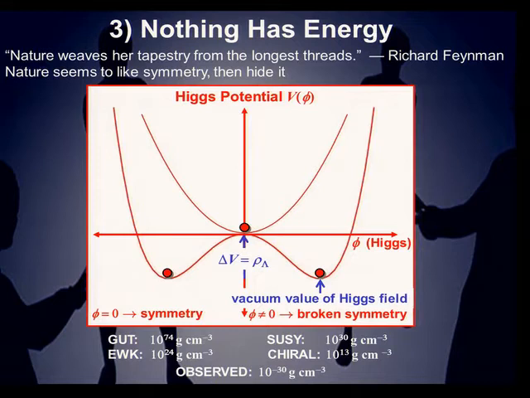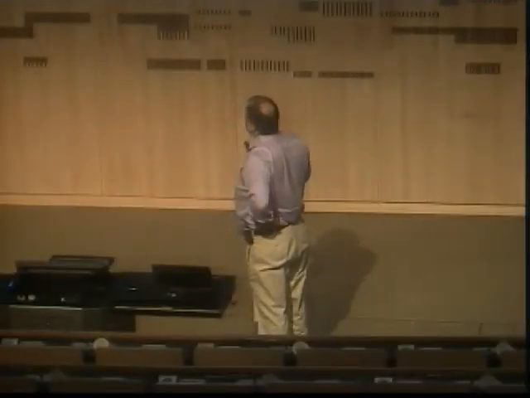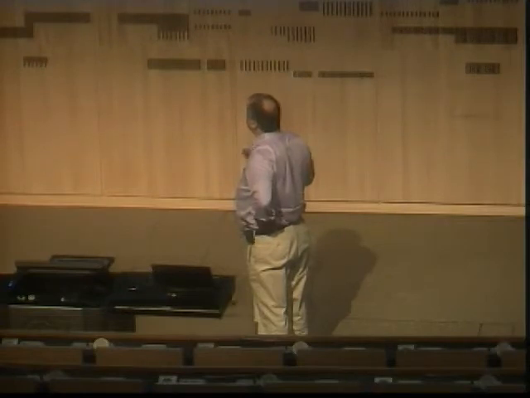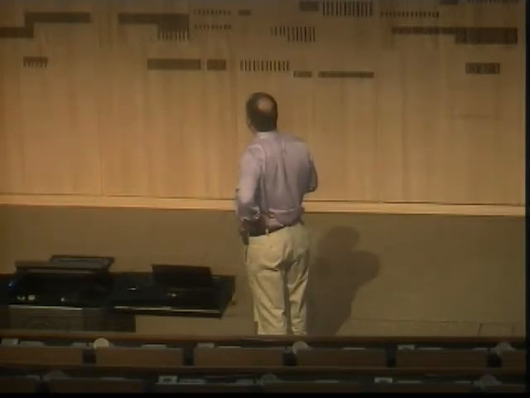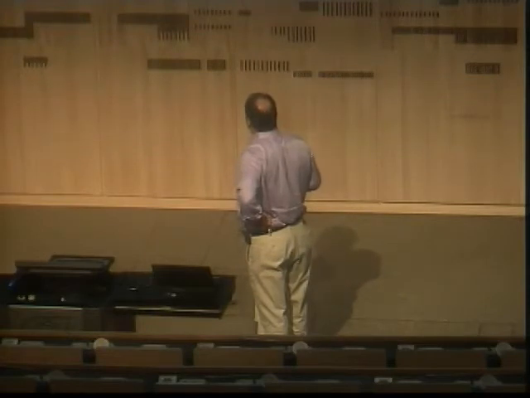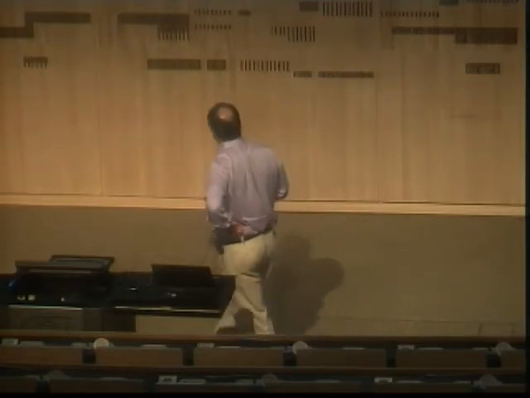The condensation of Higgs fields in the vacuum in electroweak theory has an energy density of about 10 to the 24 grams per cubic centimeter. If grand unified theories are around, that is a contribution of 10 to the 74 grams per cubic centimeter. Supersymmetry about 10 to the 30. Chiral symmetry breaking about 10 to the 13. All of these contributions are much larger than what is observed.